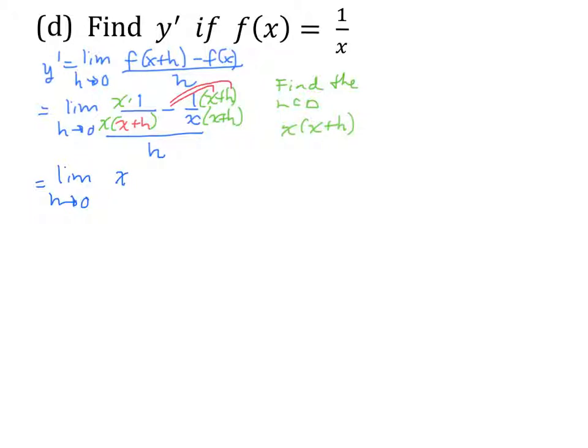So it's not just minus x, it's minus x minus h, because I'm subtracting the whole numerator, x plus h. And then all of that is over the LCD of x times x plus h.